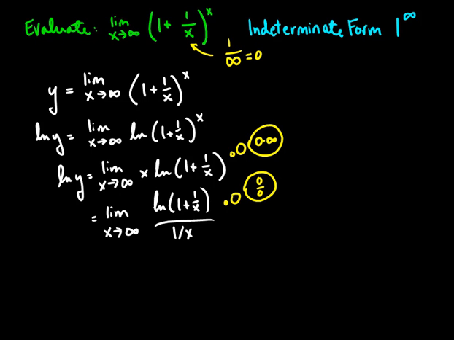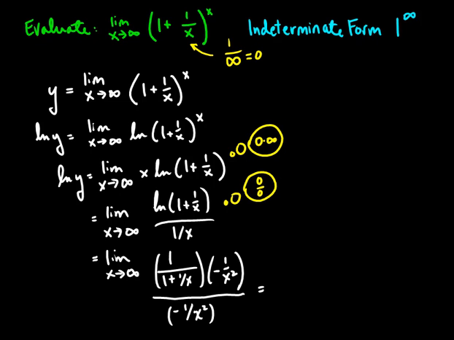So we still have the limit notation. Then we're going to take the derivative of the numerator, and the derivative of ln of anything is 1 over anything times the derivative of the anything. And the derivative of 1 plus 1 over x is negative 1 over x squared. So that's the derivative of the numerator, and the derivative of the denominator is simply negative 1 over x squared.